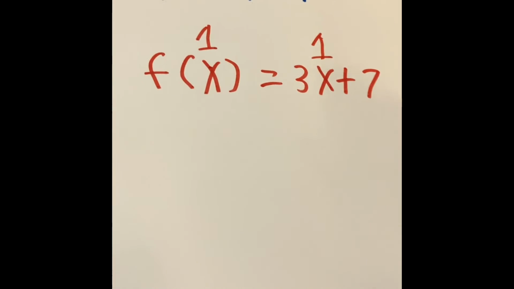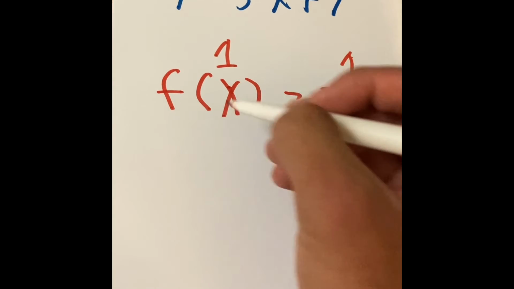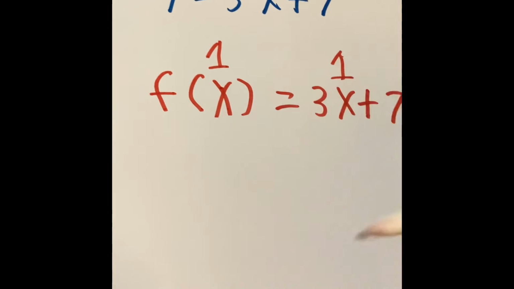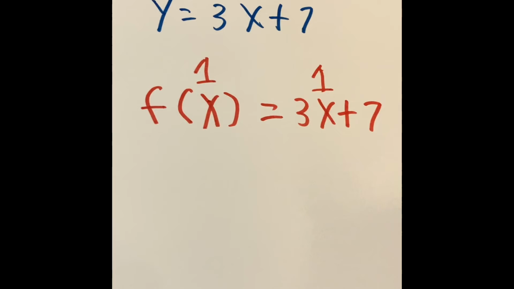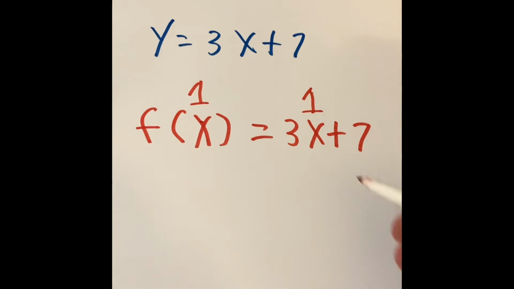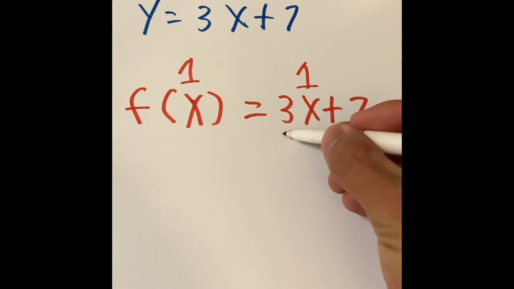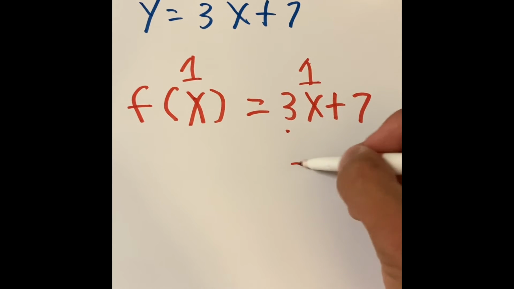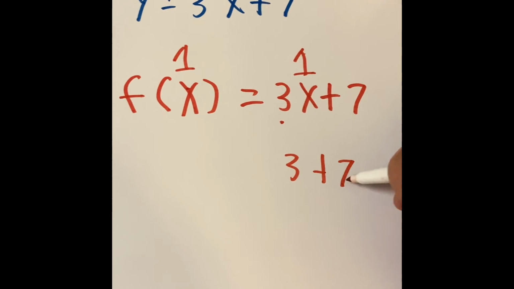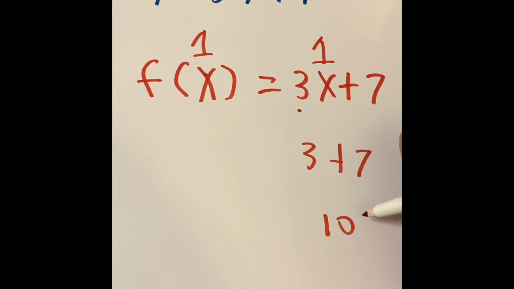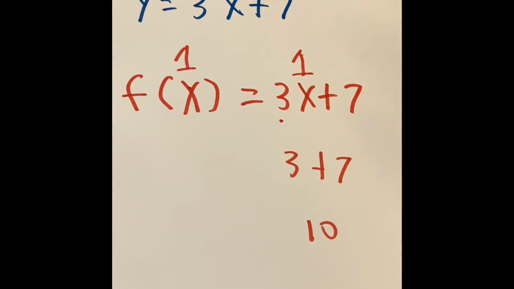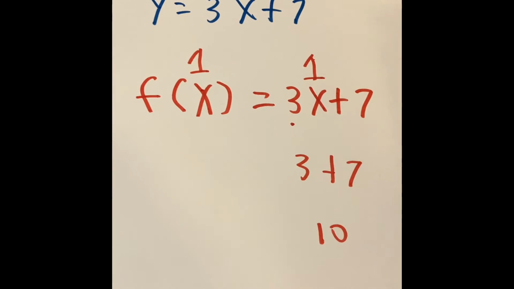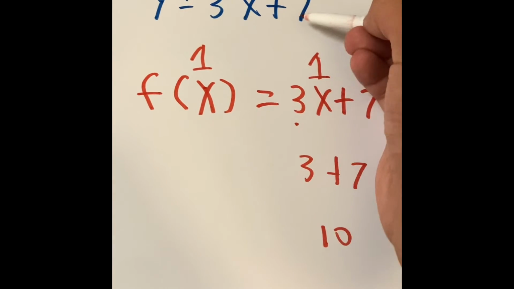Another mistake is people tend to want to distribute the f into x, which you don't want to do. This is not the distributive property. So let's start solving. 3 multiplied by 1 is 3, plus 7 is going to equal 10. So the way you say your answer while doing functions is also going to change versus y equals mx plus b.